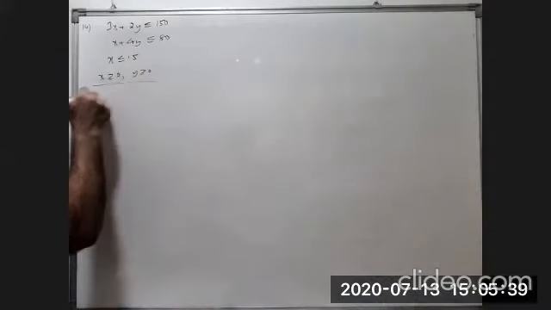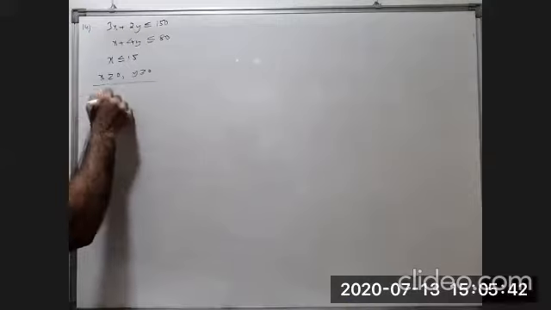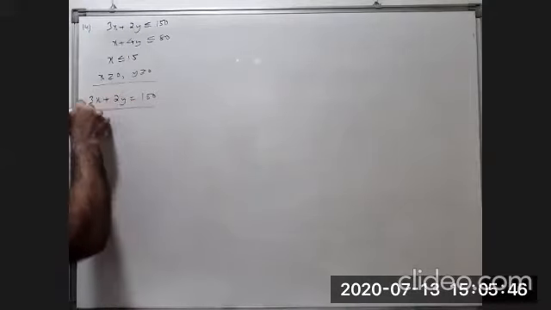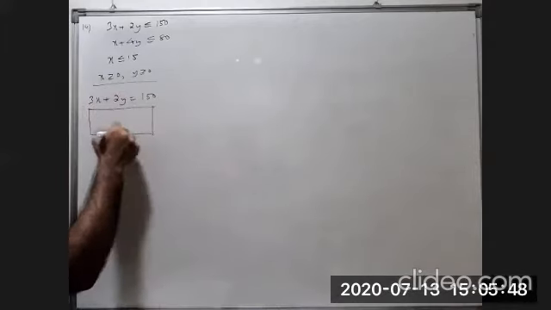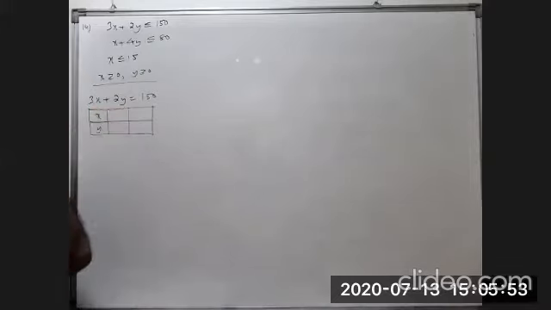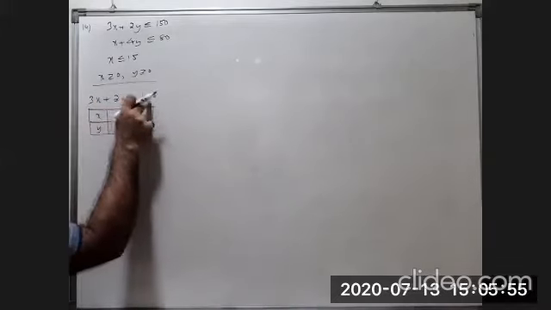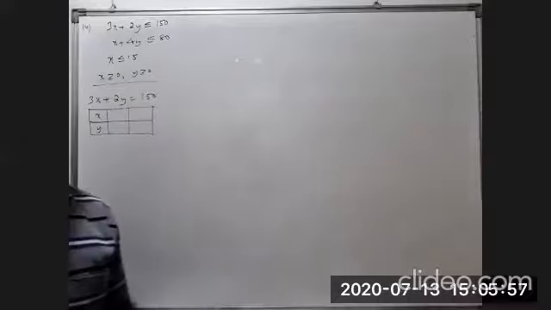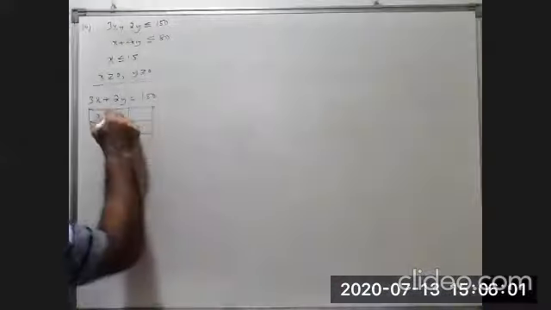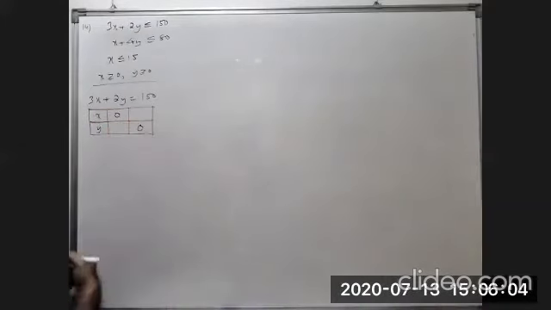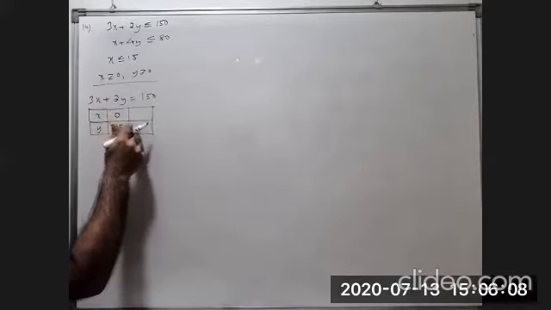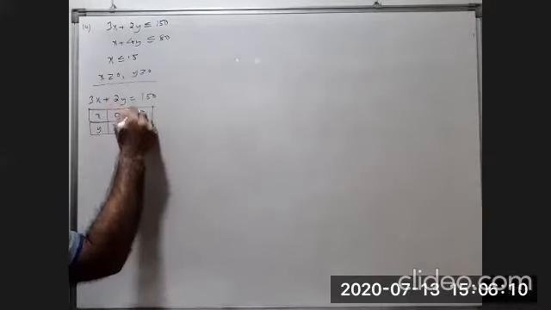First, we will draw the graph of 3x plus 2y equals 150. If both x and y are factors of this constant on the right-hand side, then we take x equals 0, y equals 0. So if x is 0, y is 75. If y is 0, x is 50.